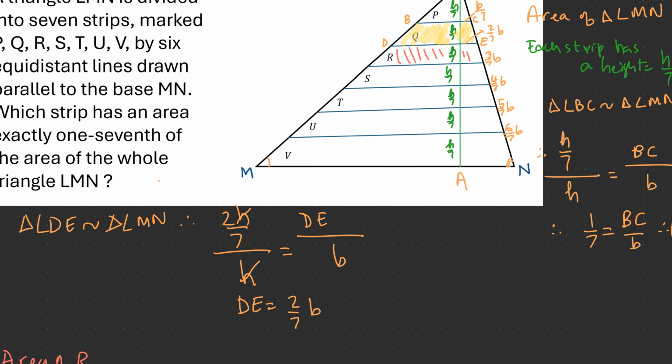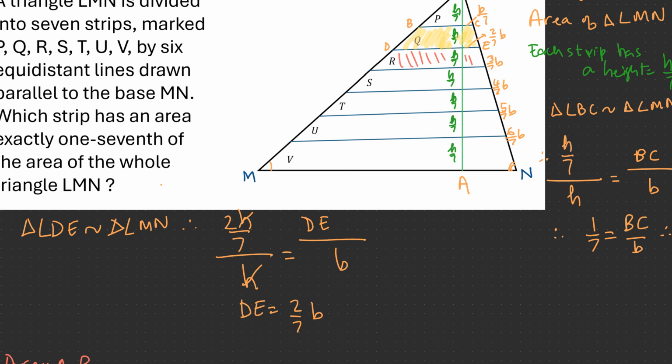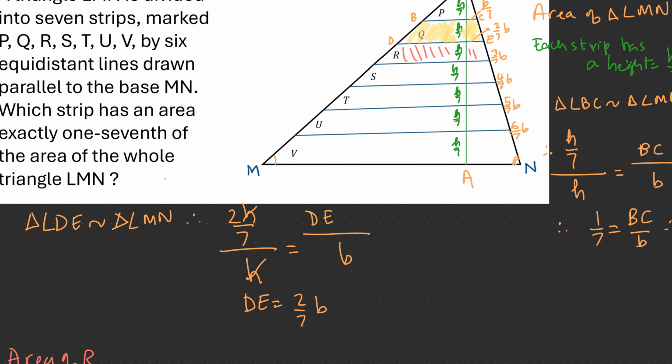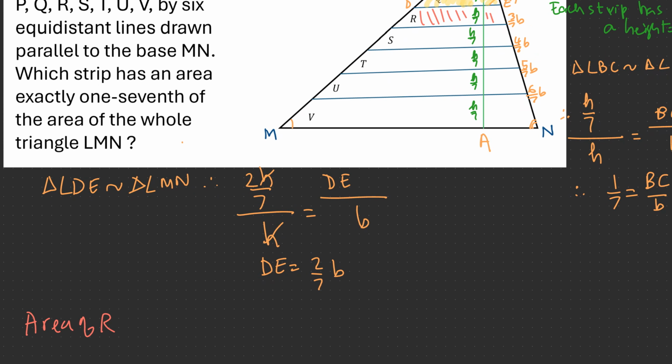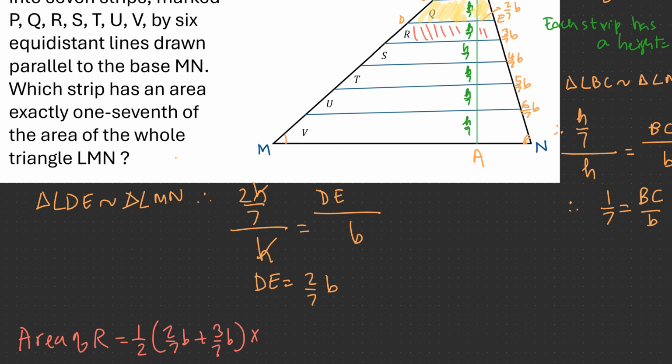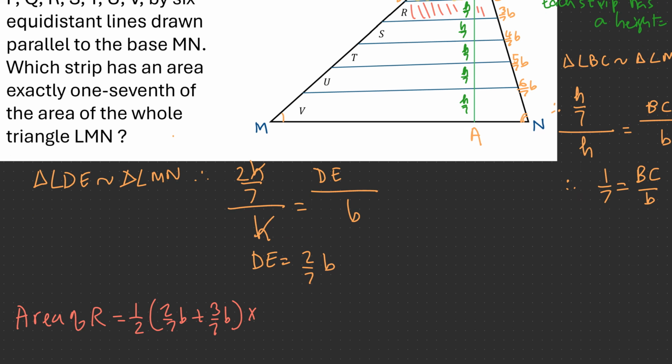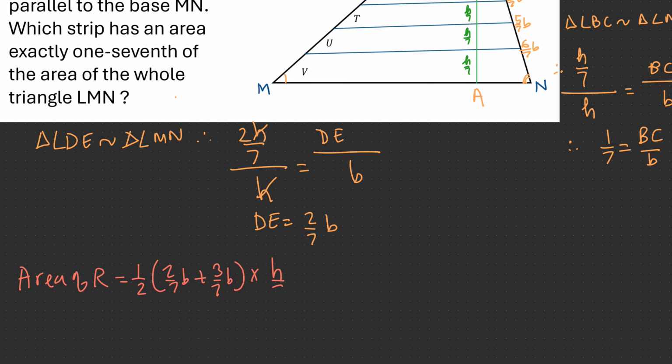So that is half times 2 over 7 plus 3 over 7B multiplied by the height, which is h over 7. So that is equal to half times 5B over 7 times h over 7.